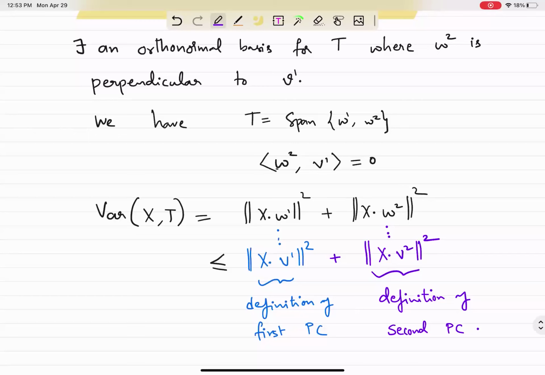Now W2 is perpendicular to V1. Among all such vectors, V2 maximizes the inner product. So this must be at least this much. So now both terms are larger than the corresponding term. So the sum is also larger.